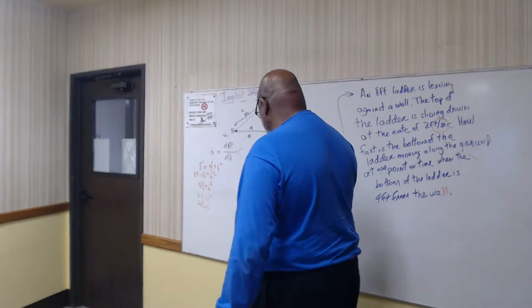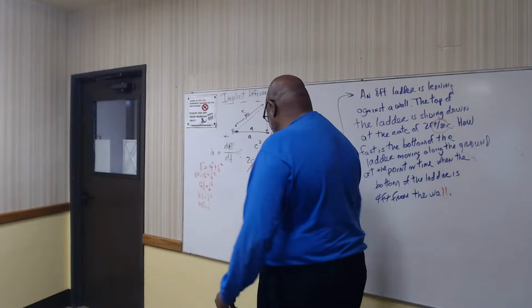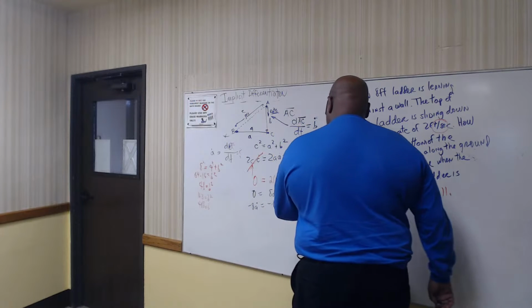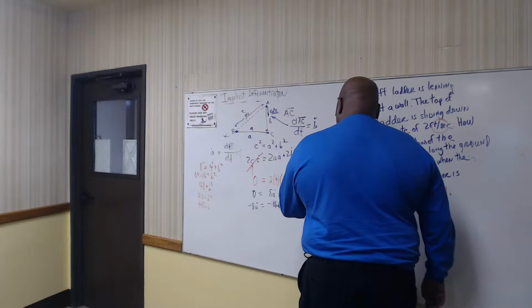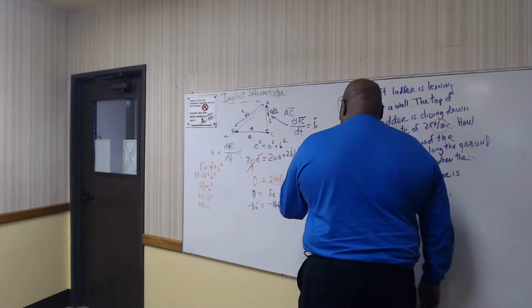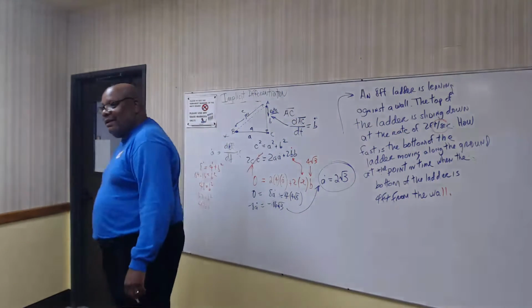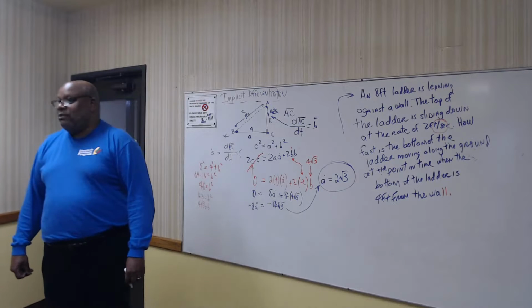If we divide both sides by negative 8, we get that A dot is equal to 2 radical 3. Well, somebody might say 2 radical 3 what? Feet per second, because that's what we've been using.